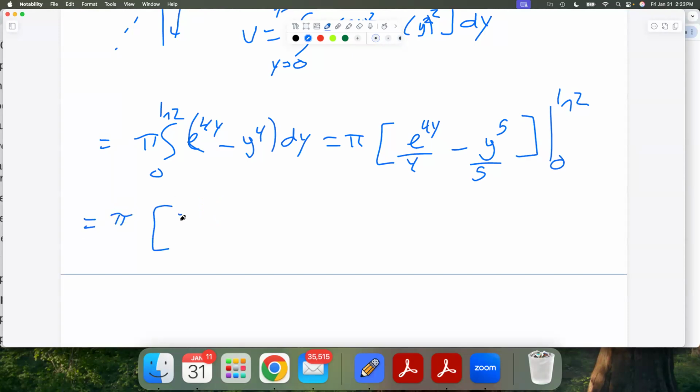I'm going to get e raised to the ln of 2 to the 4th power over 4 minus ln of 2 raised to the 5th power over 5 minus, I got to plug in 0. This guy ain't 0. E to the 0 is 1. So I get a 1/4 minus 0. E to the ln of 2 is just 2.